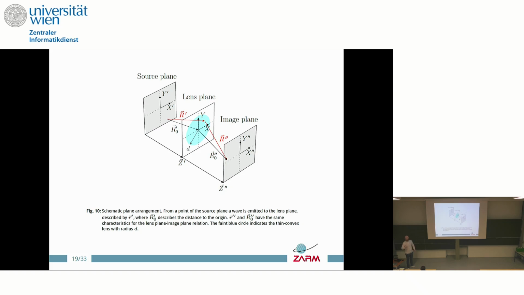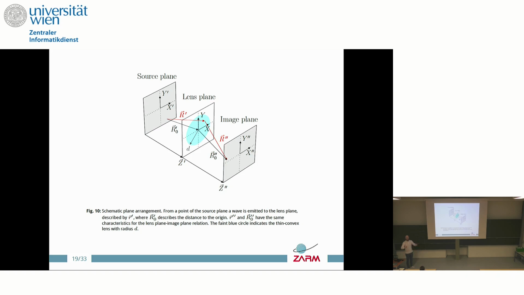Exactly, the spoiler at the beginning was the image plane. I will show it on the next slide. I guess it will become clearer, but ask me another time. Observer plane is maybe a better name, but for sure, it's not the black hole. It's the observer.